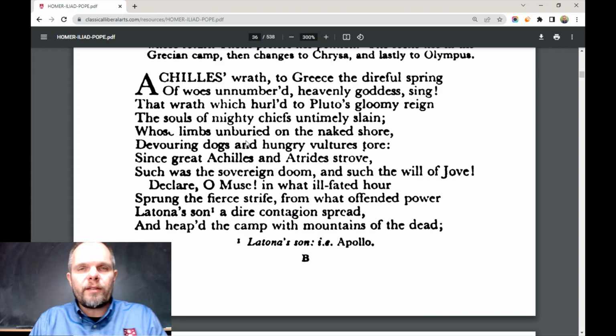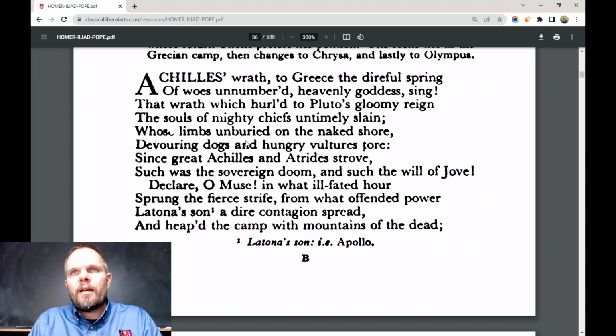We're studying the translation of Alexander Pope in our English literature courses, and the reason why is because I want to emphasize to students that these epic works of classical literature were poems. They were not just novels or storybooks. And when we read prose translations, it really loses much of the achievement of the ancient classics.